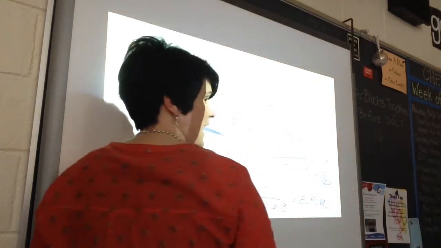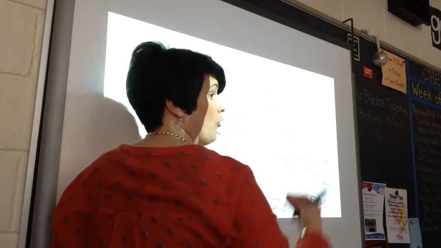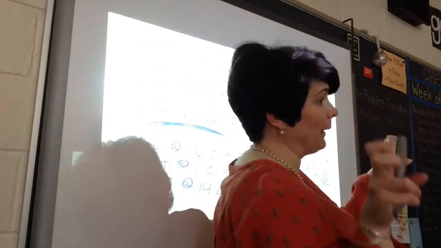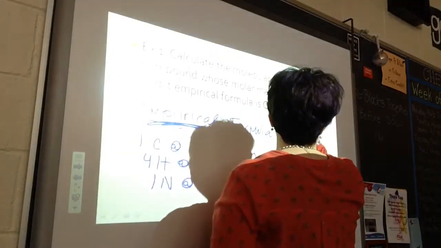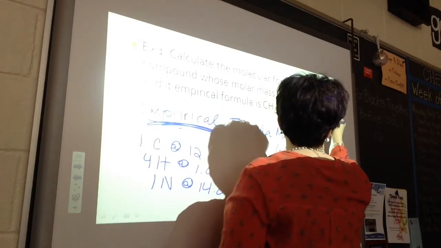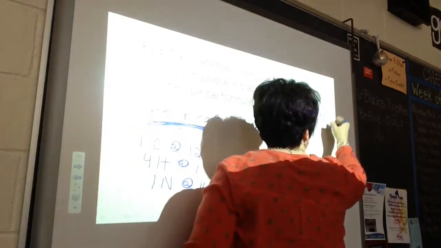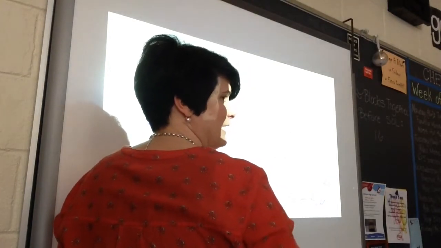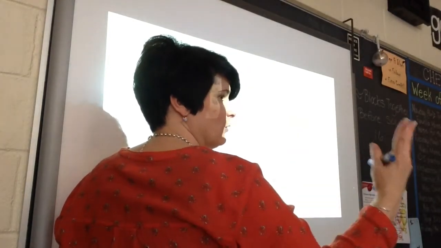We are going to take our empirical formula and multiply it by 2. Now, what that means is we have C1H4N1. We multiply each subscript by 2.